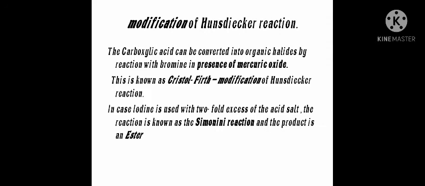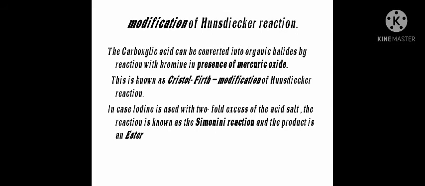It's very simple. In the place of silver salt, they use mercuric oxide. And in the Hunsdiecker reaction, as I said, we use bromine, but in this case they use iodine. The iodine is used with a twofold excess of the acid salt.